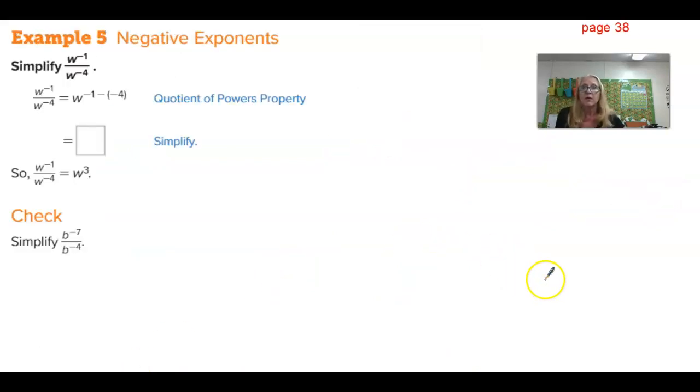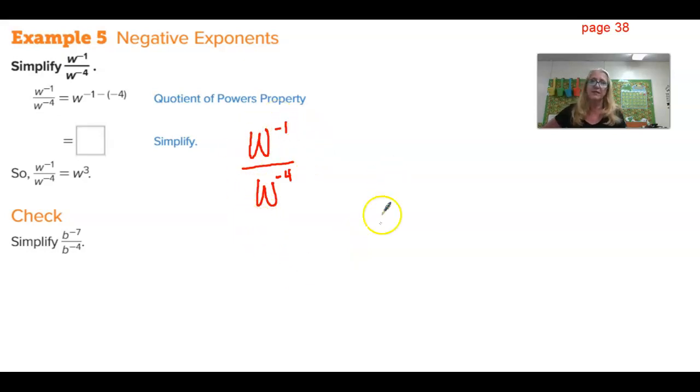Okay, so negative exponents using the quotient of powers property. They've given us w to the negative 1 over w to the negative 4. Now, I would be tempted to flip this, because if I move the negative 4 up, it'll become positive, and if I move the negative 1 down, it'll become positive.